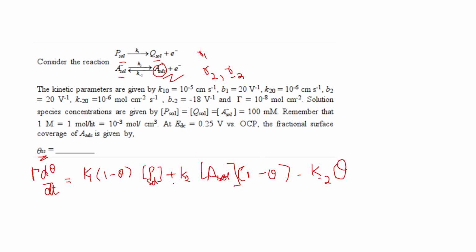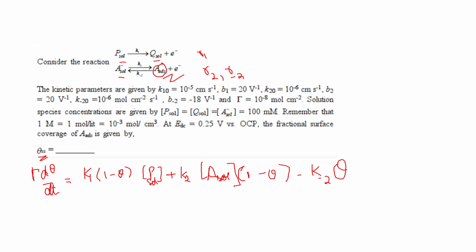So what does theta correspond to? The surface which is blocked by A adsorbed. So my question is, even if everyone is from some electrochemistry background or sometimes from chemical engineering, when we write a mass balance, what do we write?